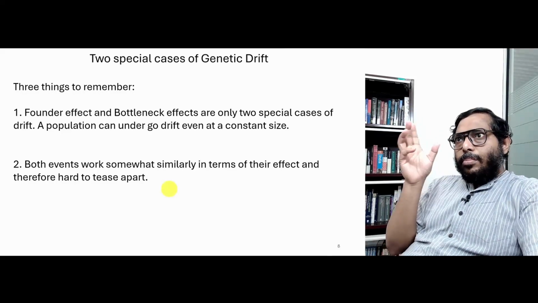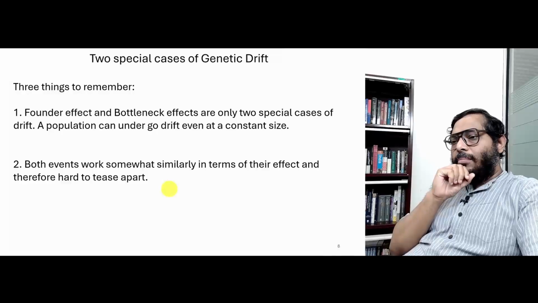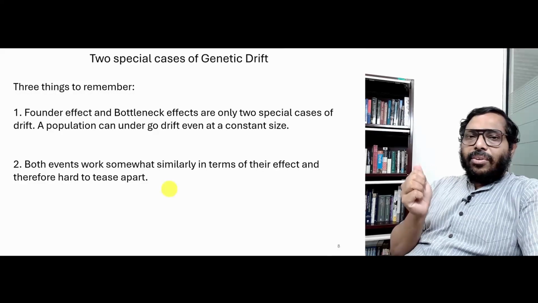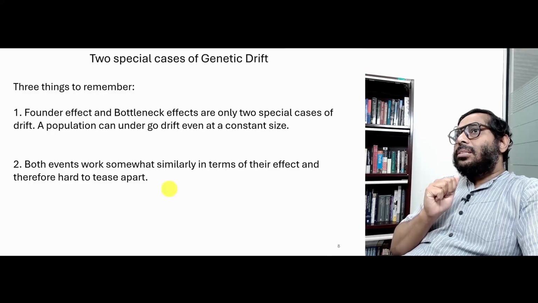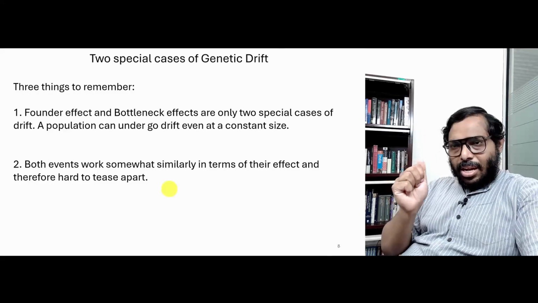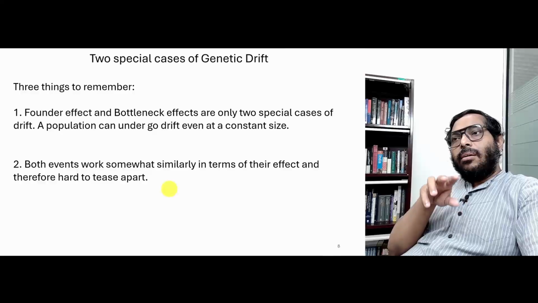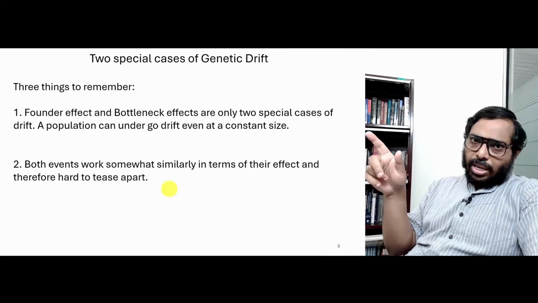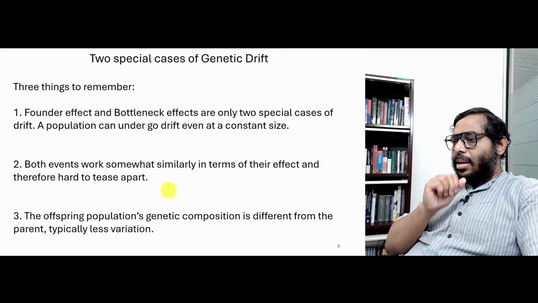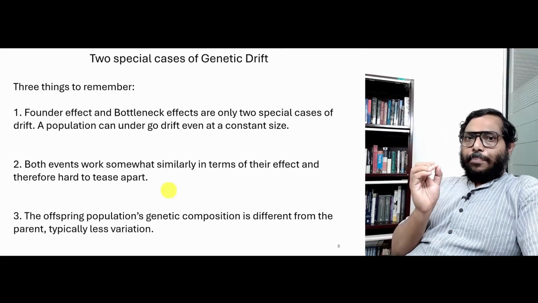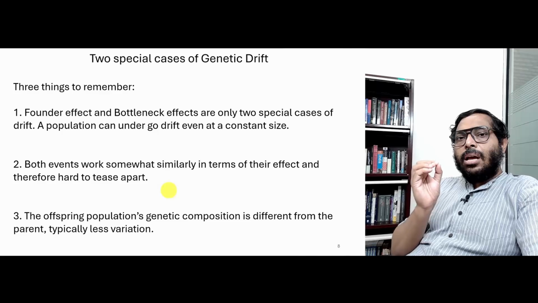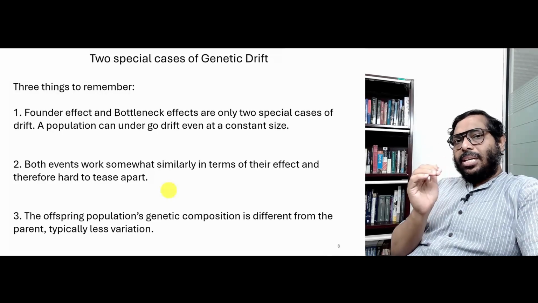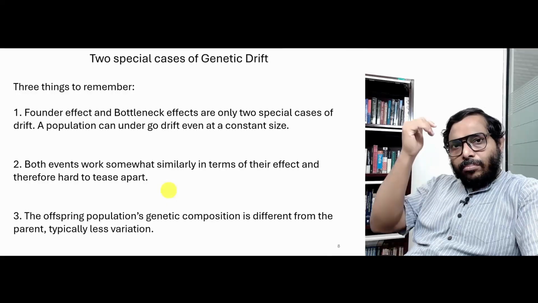Therefore, although people tend to differentiate between them, in terms of their genetic signatures they are often very same, and until and unless you have special information, it becomes very difficult to tease apart whether a particular signature that you are seeing is because of founder effect or a bottleneck effect. And finally, the main thing that happens over here is that the population genetic composition of the offspring generation is very different from the parental generation.